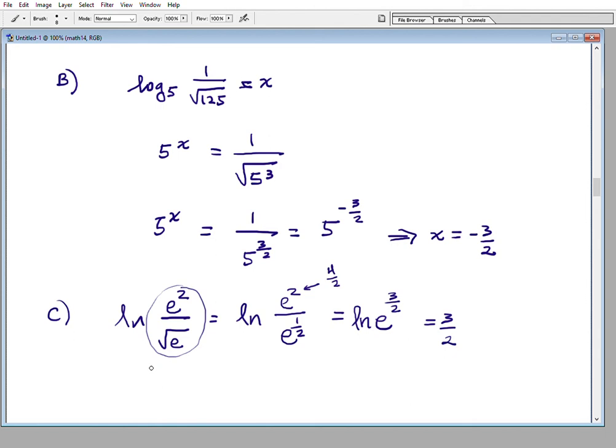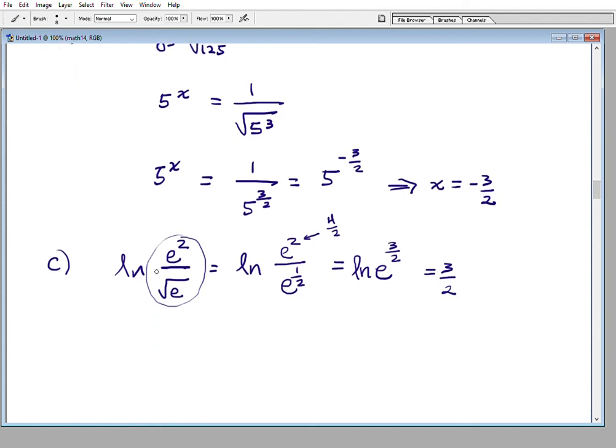Or you could use log properties. Here's another way of doing this. We didn't introduce the log properties yet in this review, but we're going to do that soon. So you have ln e squared minus ln of the denominator. I'm going to write this as e to the 1/2, and then you can bring those exponents down. Now ln e is 1.